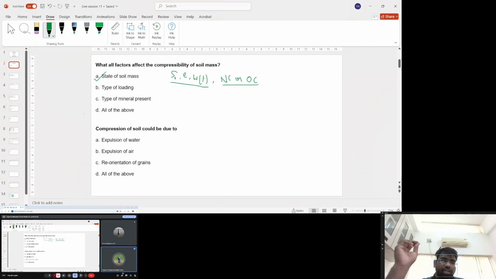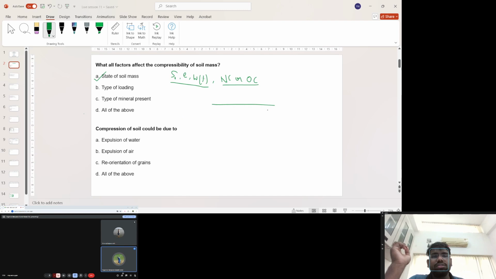Type of loading is that, if you have a soil mass, let this be the layer here. Type of loading is the load which is getting applied. That is one type of loading. If you are applying an external load, let us say some sigma V applied, then if you consider the compressibility of this layer, obviously it is going to compress more.